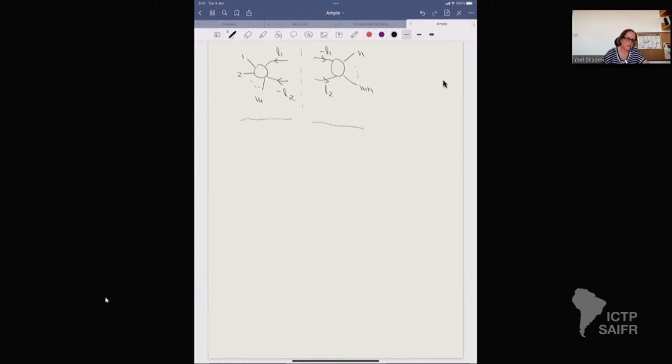So now we're going to use the Passarino-Veltman reduction. So this discontinuity, which I'm going to label by 1 to m, meaning that I took legs 1 up to m on one side and the remaining legs on the other side.